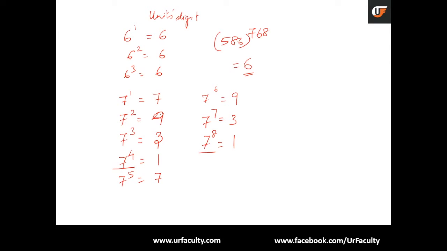So let's say you are given a question: 657 to the power of 452, and the question is to find the units digit. The steps are very simple. I'm just going to explain it again. Ignore these two numbers. Take it as just 7 to the power of 452.